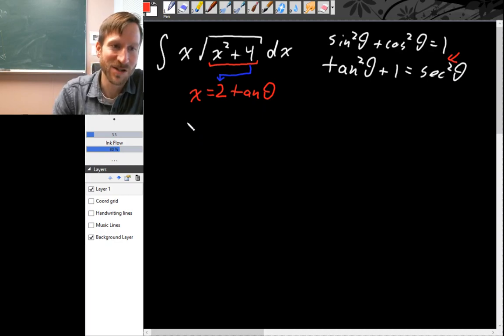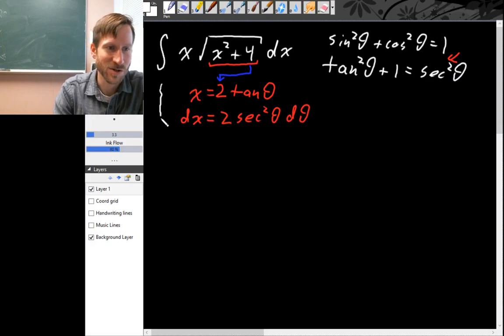Before we actually do the substitution, we have to figure out what dx is. So 2 times the derivative of tangent, that's 2 secant squared theta d theta. And now we're ready to do our substitution.